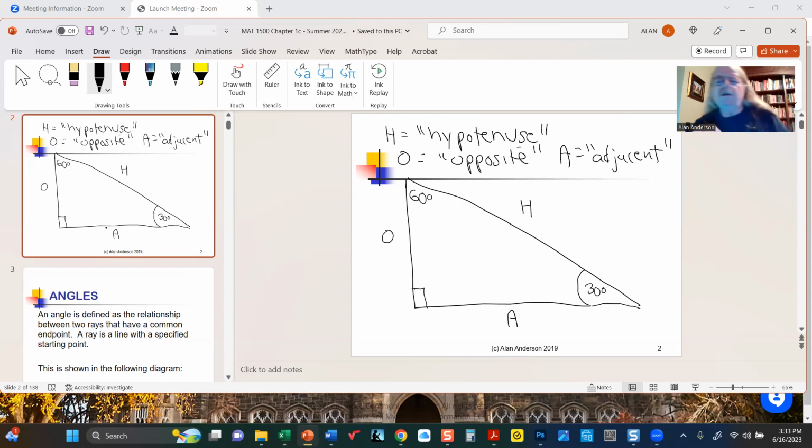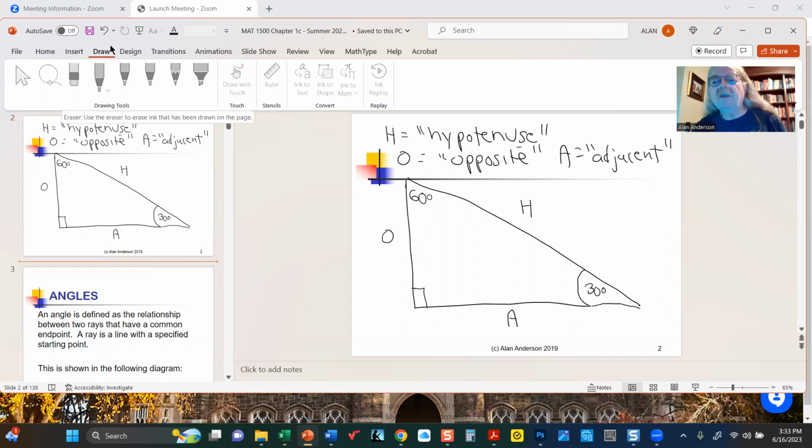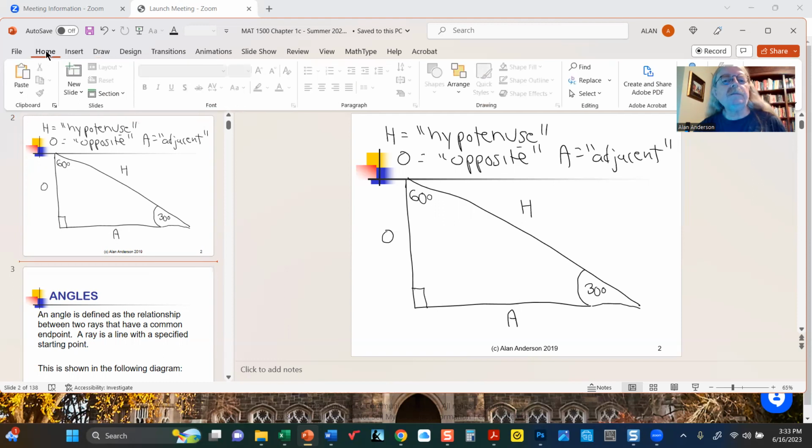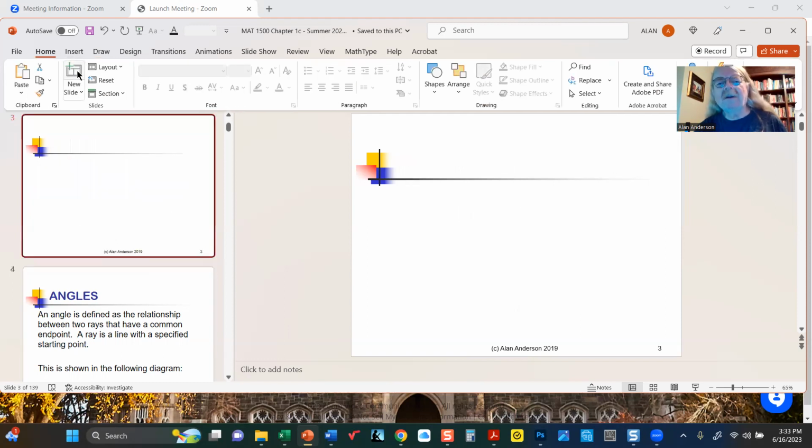So all of the trig functions can actually be defined in terms of these three sides. And actually, you only have to memorize two of them, because the others are really functions of the first two. But it's good that you remember them all. So first of all, the sine of any angle theta is the opposite over the hypotenuse.